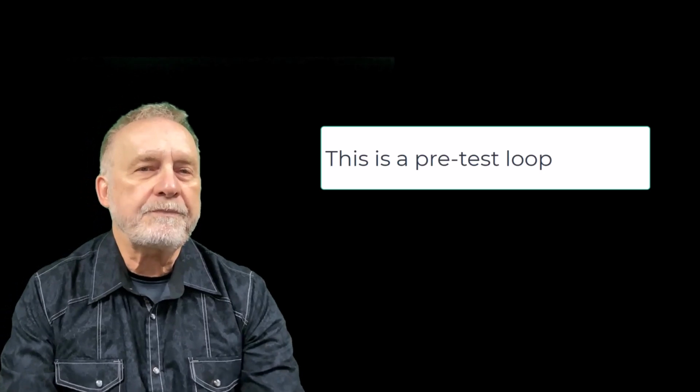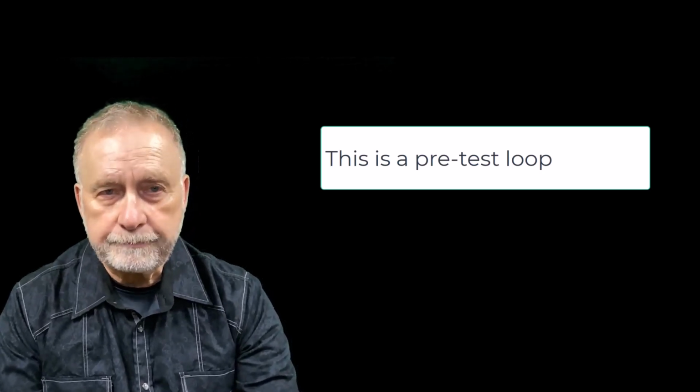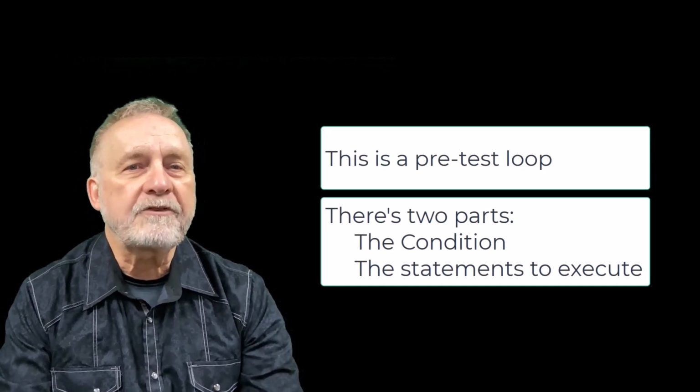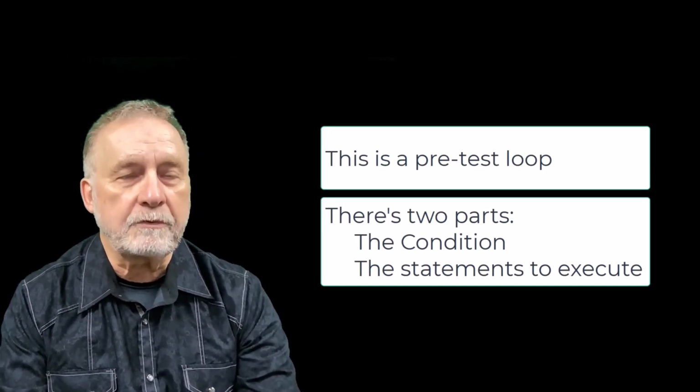Block of code. This consists of what should happen if the condition is true. It's what you'll execute. It's the block of code, what you want it to do. For now, what you should take out of this video is, this is a pretest loop. There's two parts, the condition and the statement or statements to execute.